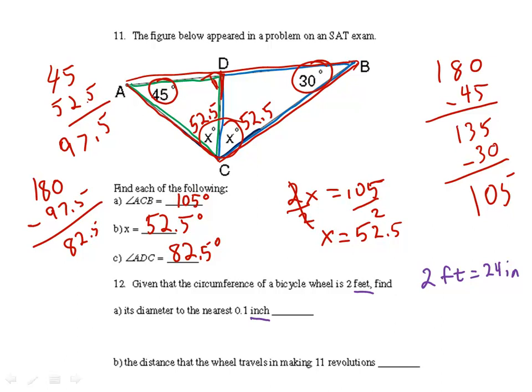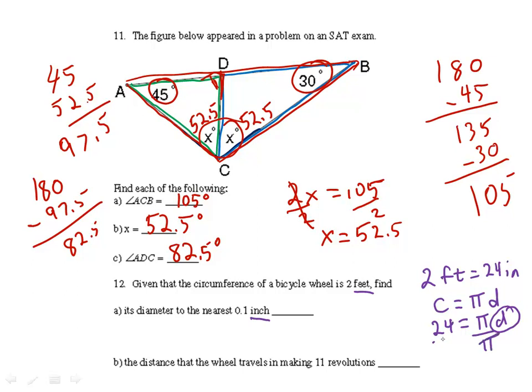Now, you know that circumference equals pi times diameter. So what information do I have here? I have that the circumference is 24 inches, and I'm supposed to find the diameter. So I want to isolate d, so we'll divide by pi on both sides.